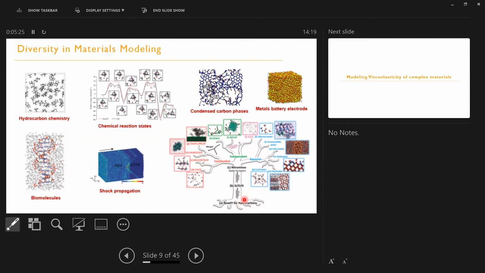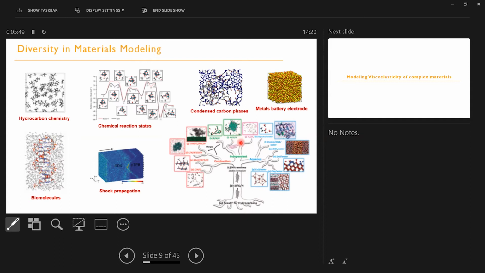And if you just consider a single force field, okay, this is a well-known reactive potential, ReaxFF, you can see that it has parameters for several types of atoms and several types of materials, okay, ranging from hydrocarbons to nitrogen-containing compounds, etc.